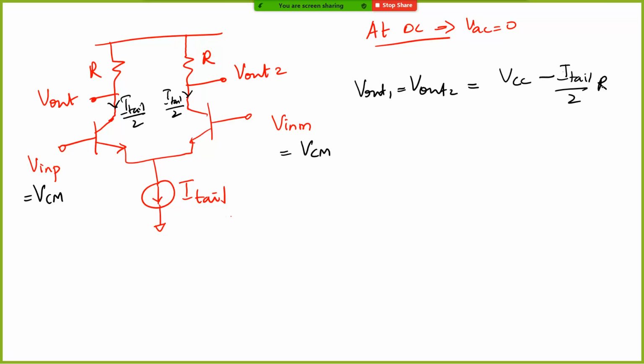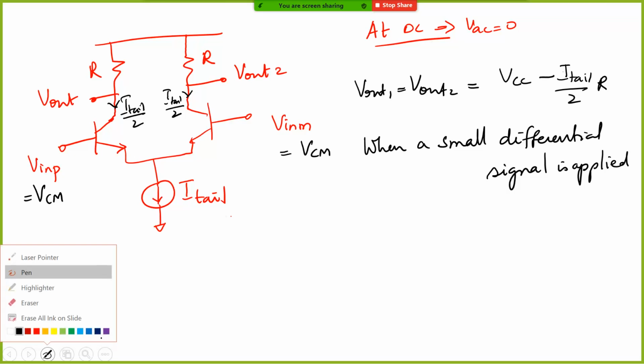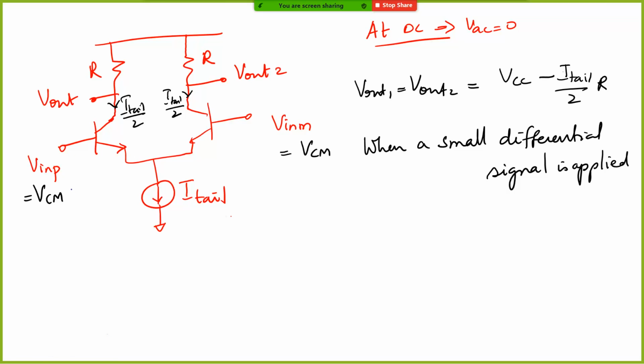Now what happens when a small differential signal is applied? Let's say Vin P now becomes VCM plus delta V, and here it becomes minus delta V, so equal in magnitude and opposite in phase.